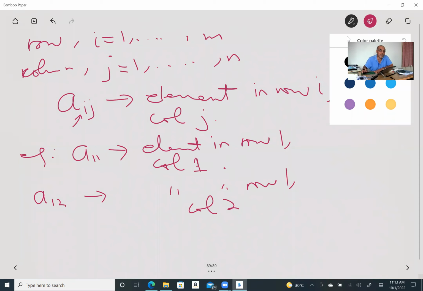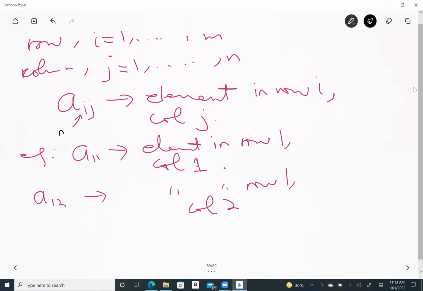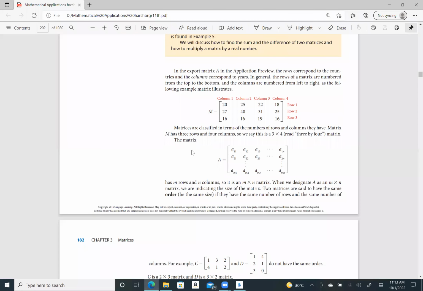The second number is the number of the column. So A11 is the element in row number 1, column number 1. If you look at the general form here, A11 is the first element, row 1, column 1. A12, row number 1, column number 2.